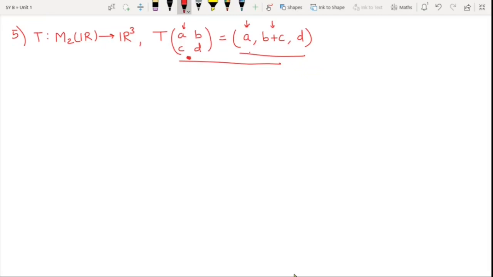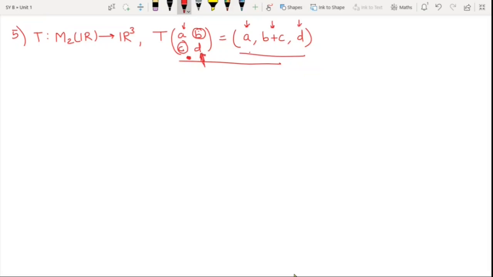The second coordinate is actually nothing but the addition of B and C. And the last coordinate is over here, this element D, right?